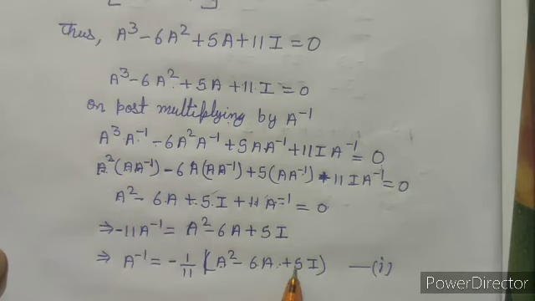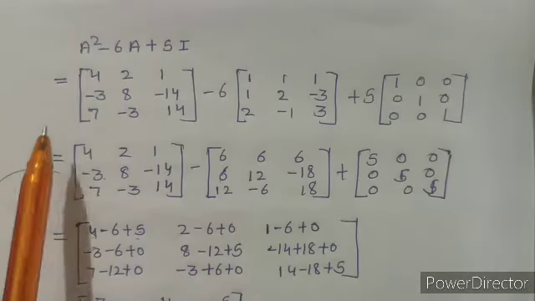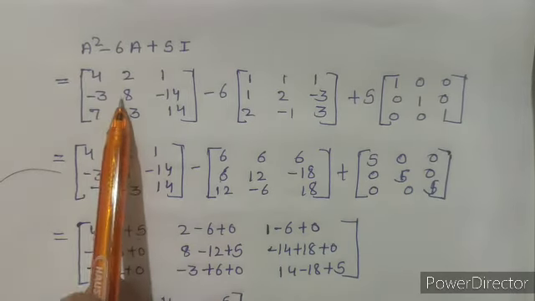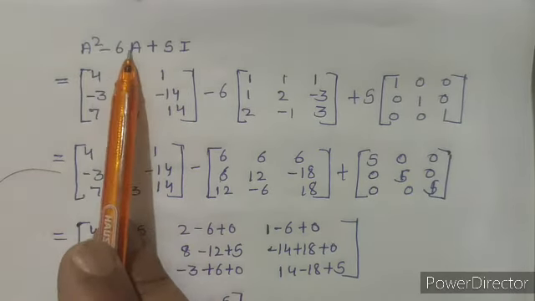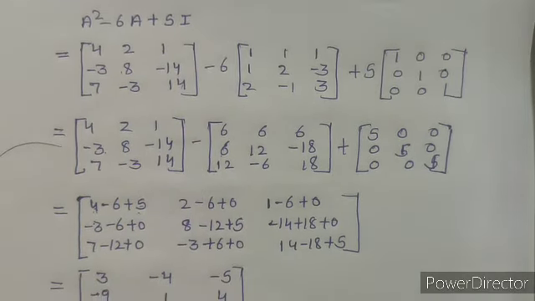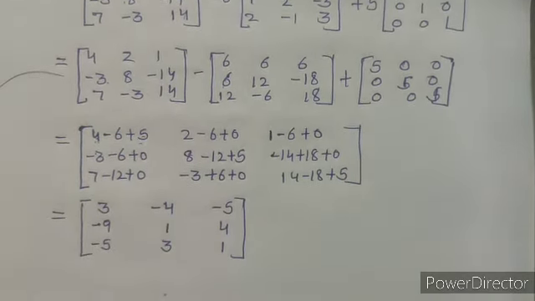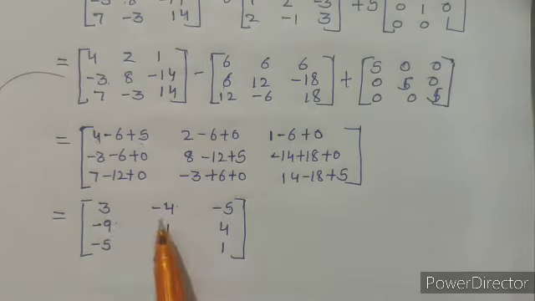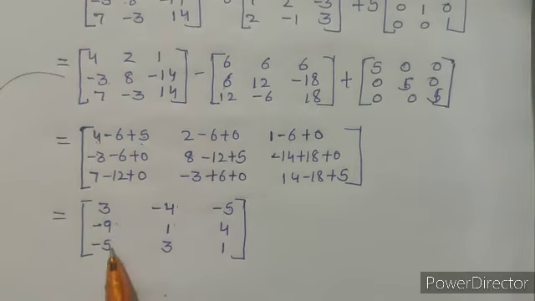Now we will take this as equation first, and we will find out the value of A square minus 6A plus 5I. On putting the values of A square, A and I in A square minus 6A plus 5I, we get a matrix whose first row is 3, minus 4, minus 5, second row is minus 9, 1, 4, and third row is minus 5, 3, 1.